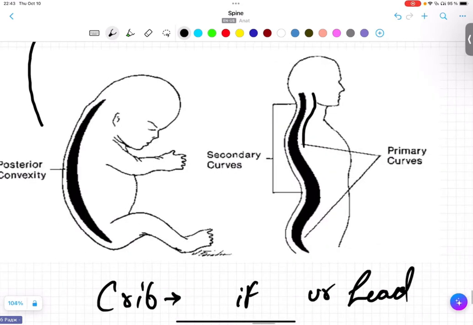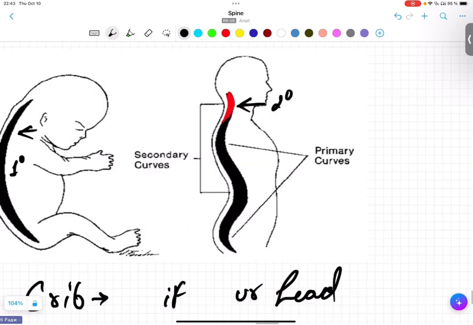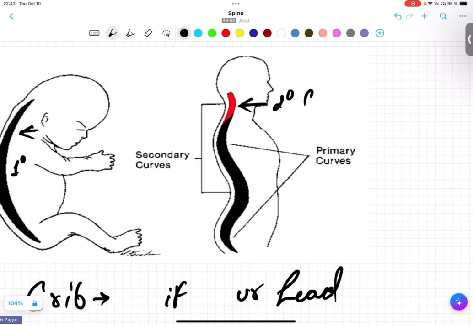So come to this picture. You have a single curve. This is the primary curvature. Now I told you when a child starts to raise his head, he forms this secondary curvature. Earlier, this was concave. Now this is convex. So this is the secondary curvature, the curvature of the cervical region.